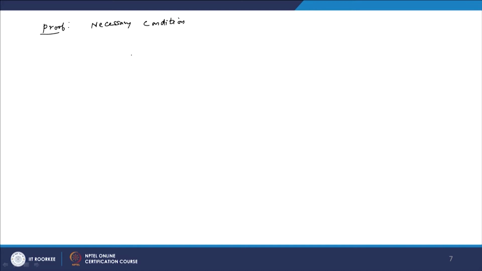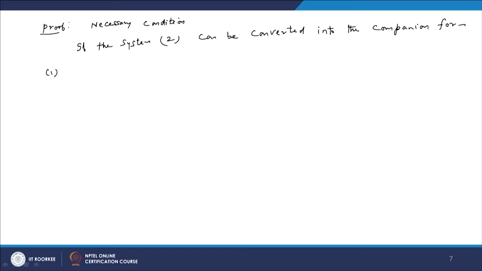The necessary condition is: if the system 2 can be converted into the companion form, companion form 1, then we have to prove that the rank of B, AB, etc., A power n minus 1 B is n.